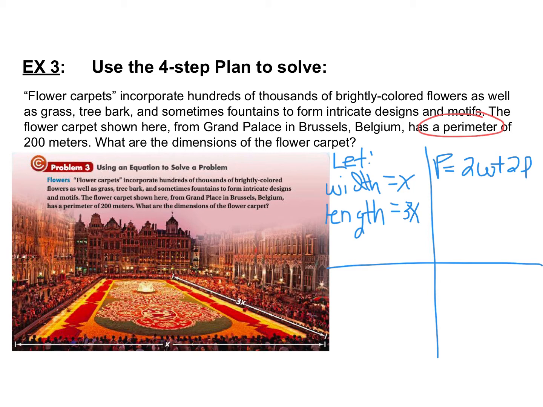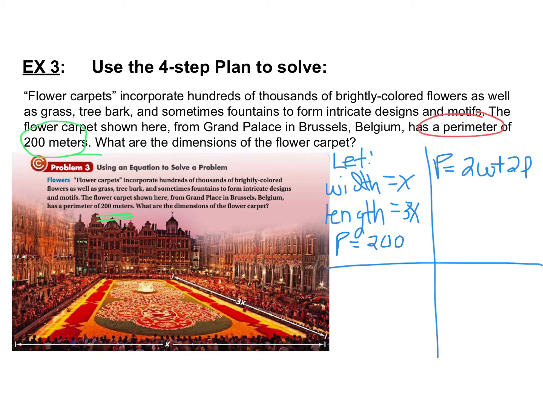And then the one thing that we also have to add in here is that we have a perimeter of 200 meters. So that's important, and you kind of see that here too. I just wrote that same thing but made it bigger. So that 200 is going to be our P. So P is equal to 200.